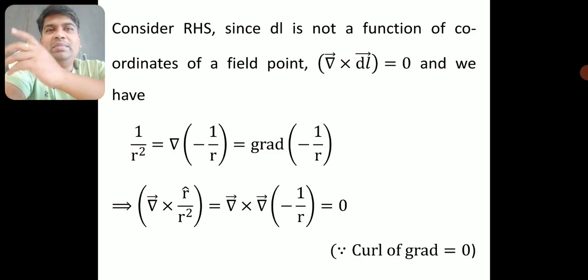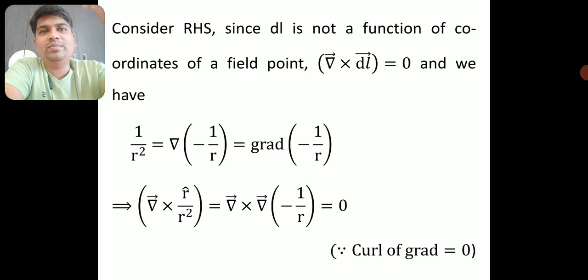So 1 by r square can be written as dou by dou r of minus 1 by r, which means partial differentiation of minus 1 by r.